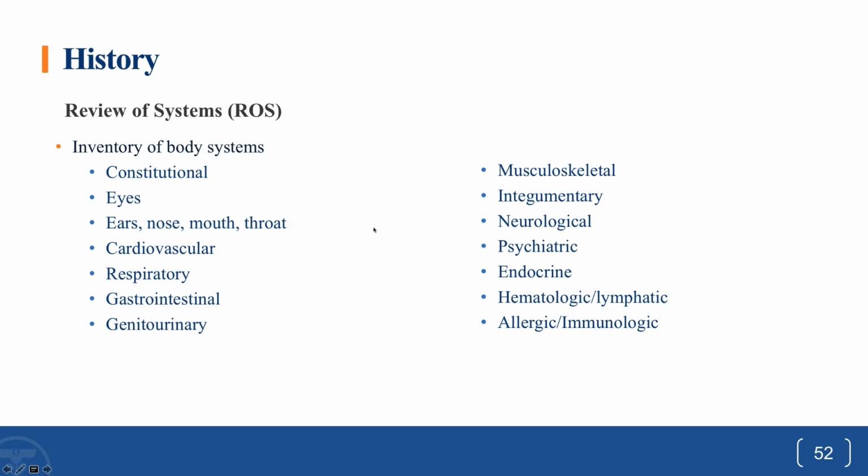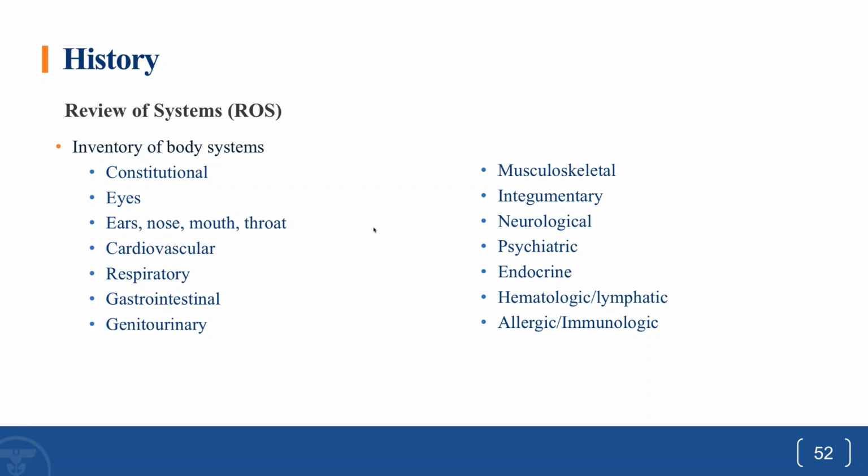And you would be able to count your body areas. And pay attention to this. If you're looking at that third bullet point, you'll notice that ears, nose, mouth, and throat are together. So make sure you see that. But the eyes are by themselves, right?